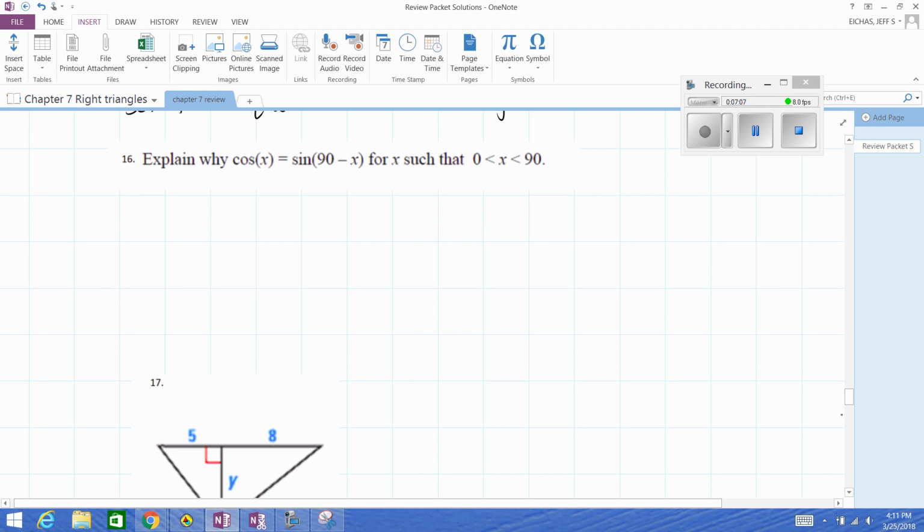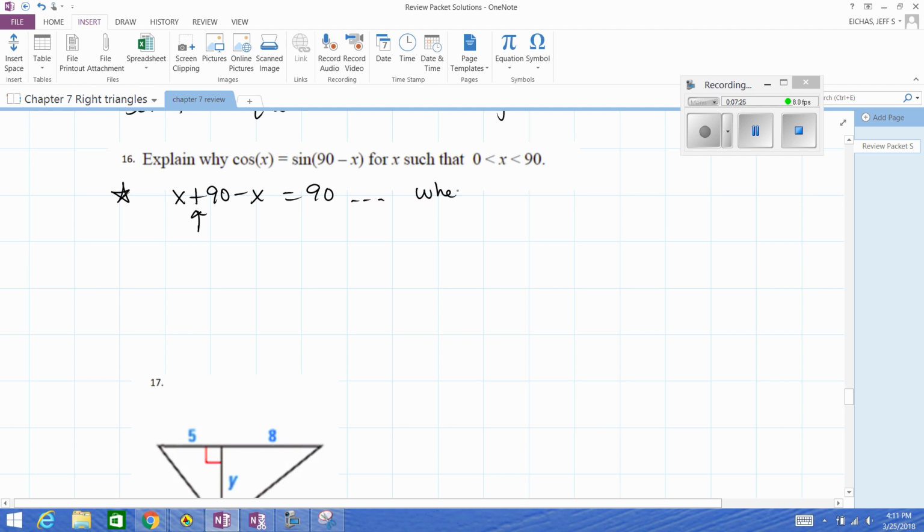All right, why is cos x equal to sine 90 minus x for all x such that x is between 0 and 90? Okay, so we know that x plus 90 minus x equals 90. Key is plus there.